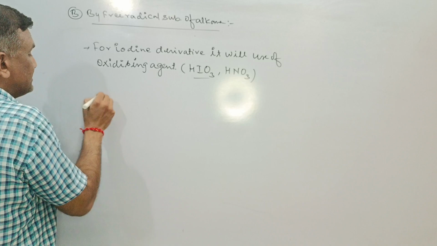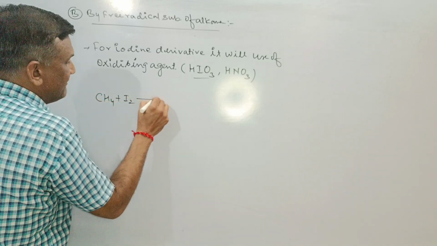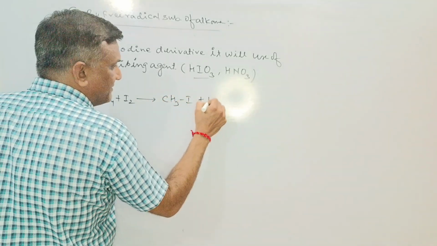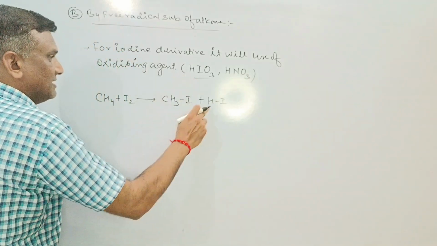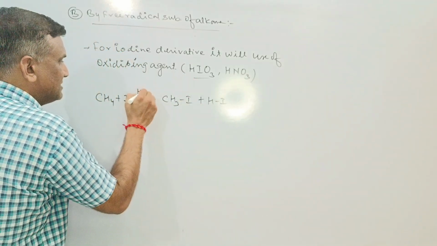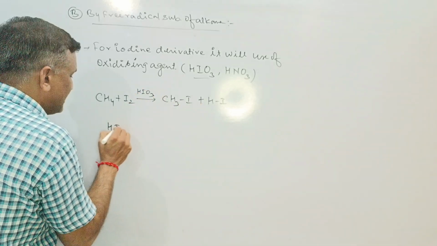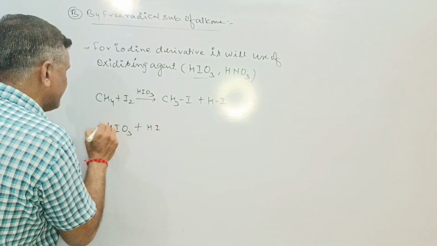If we go with the reaction, suppose this is CH4, this is the I2. Here there will be formation of CH3I, and also formation of HI. This HIO3 reacts with the HI in the ratio of 5:1.